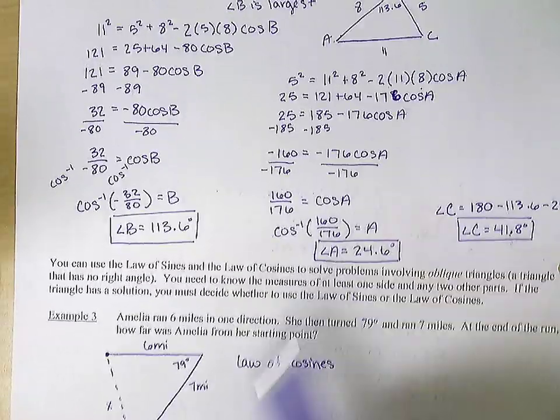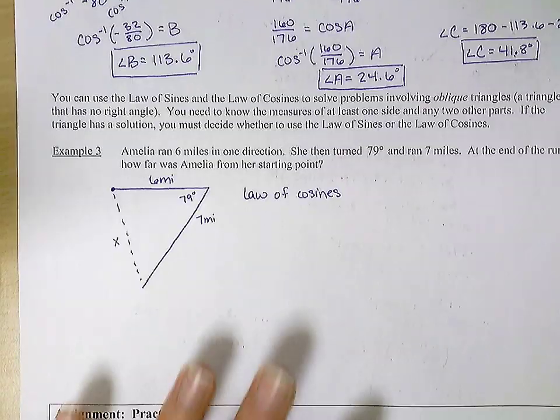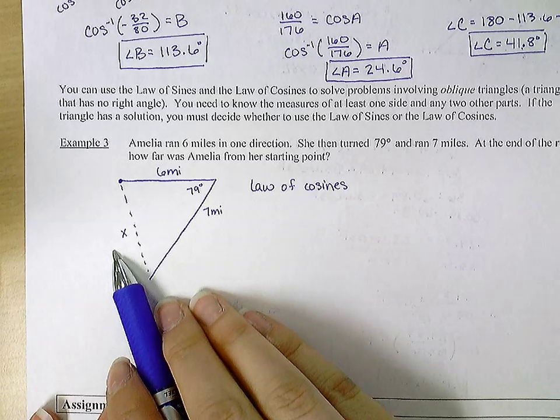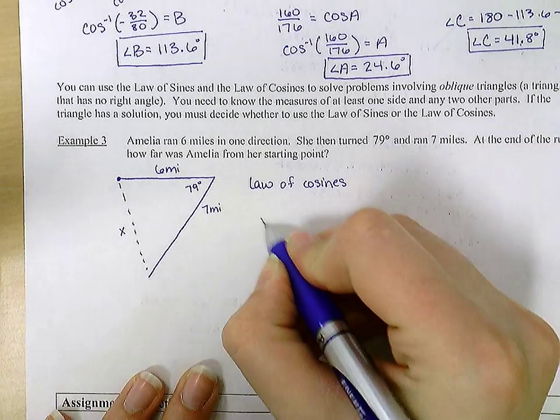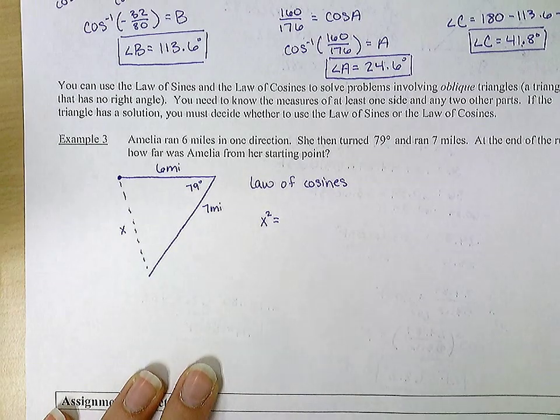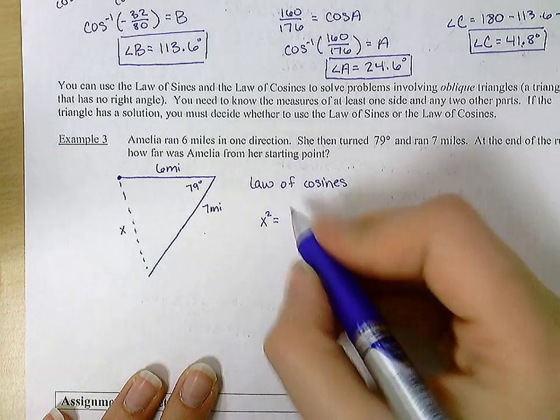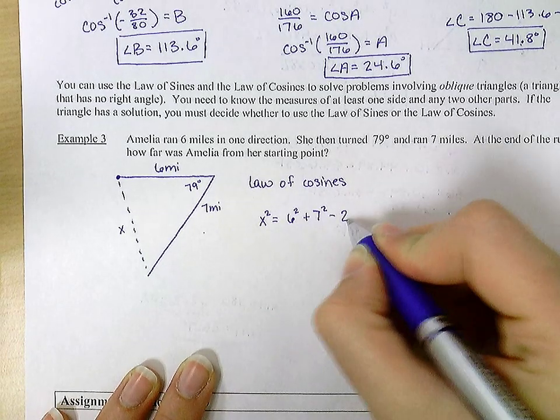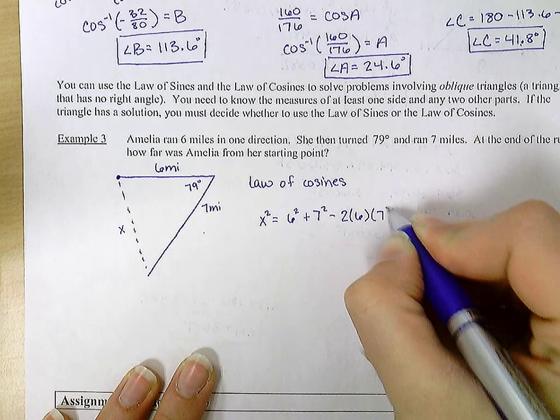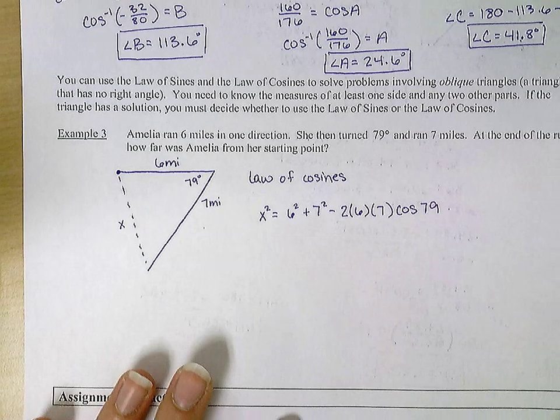So what goes in the lowercase a squared spot? Across from it would be x. Yes, you need the side opposite that angle to go in that lowercase a squared spot. So we have x squared equals your other two sides, b and c: 6 squared plus 7 squared minus 2 times 6 times 7 times cosine of your given angle, 79.